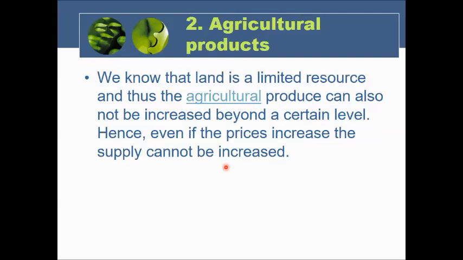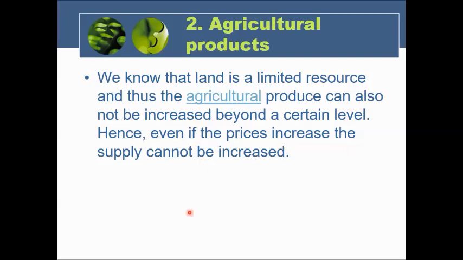Another is the agricultural product. So we know that land is a limited resource, and thus the agricultural produce cannot be increased beyond a certain level. So even if the price increases, the supply cannot increase.